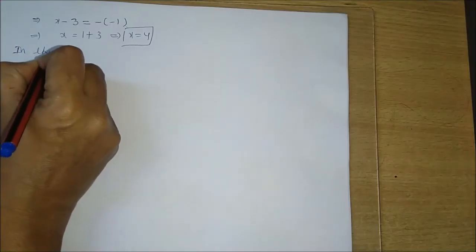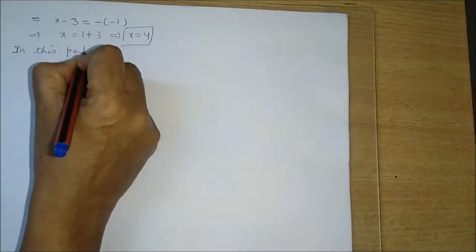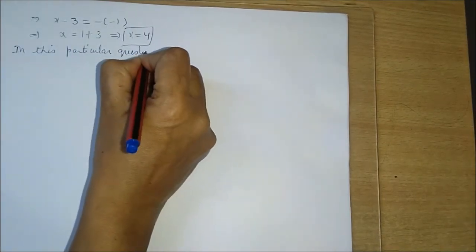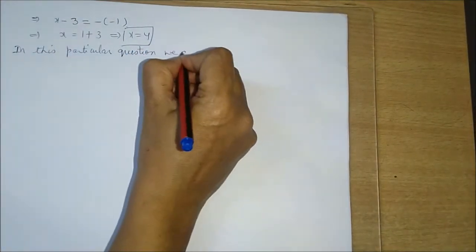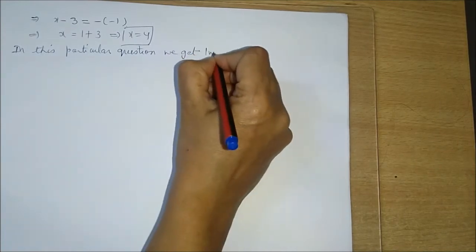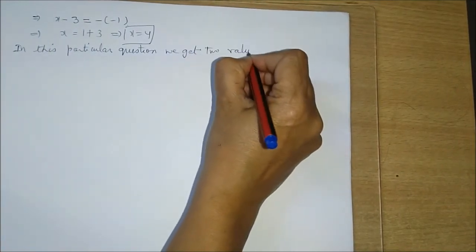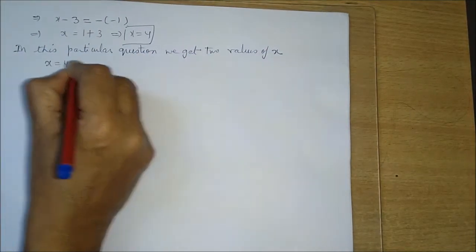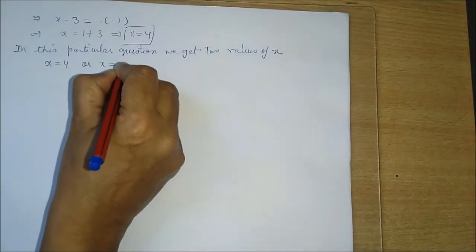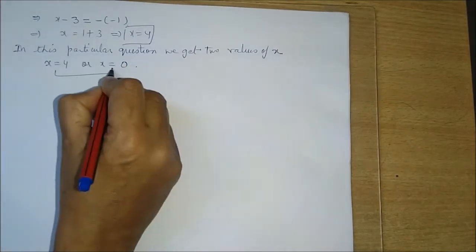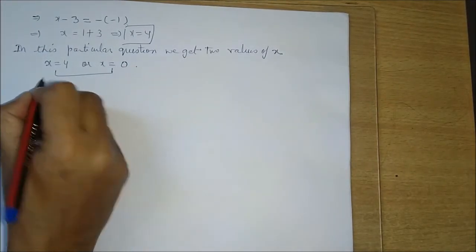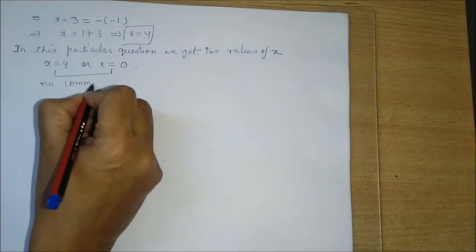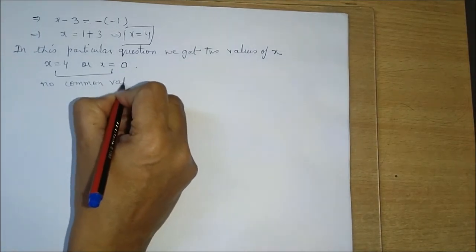In this particular question, we get two values of x, x equals to 4 or x equals to 0. Here we don't have any common value. So no common value.